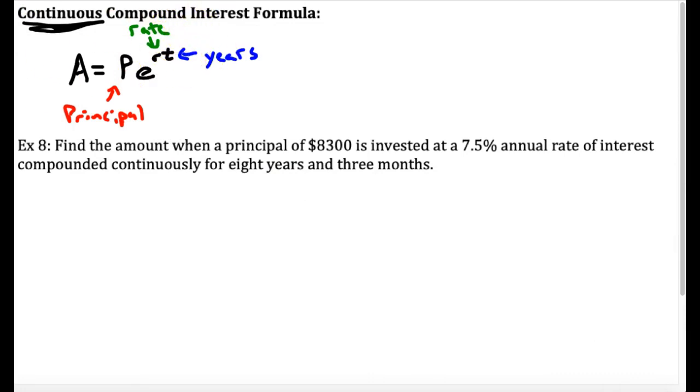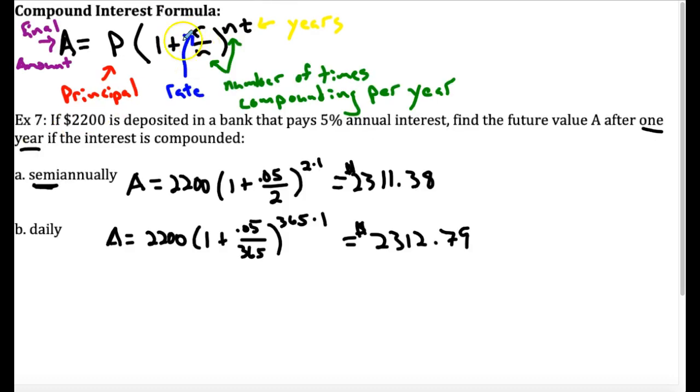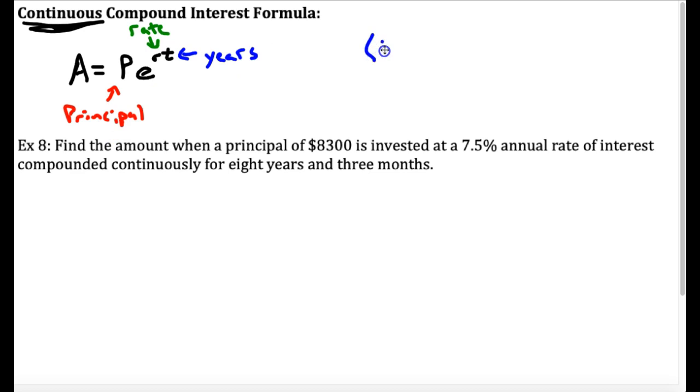But essentially, if I were to take this formula, 1 plus, and if we just make the rate 1, and I keep making these n values larger and larger.